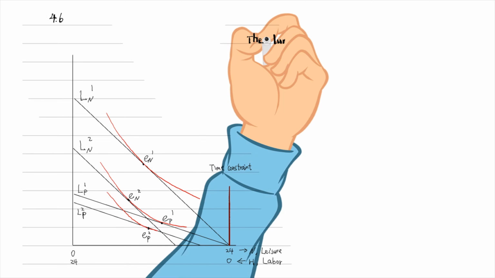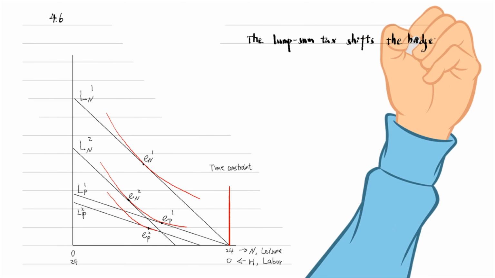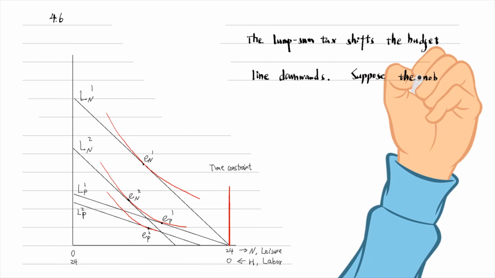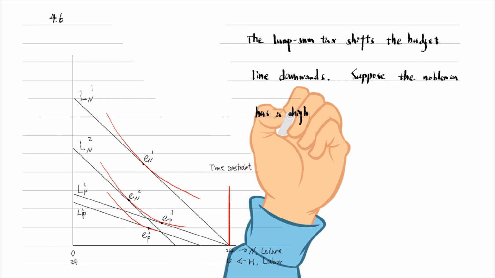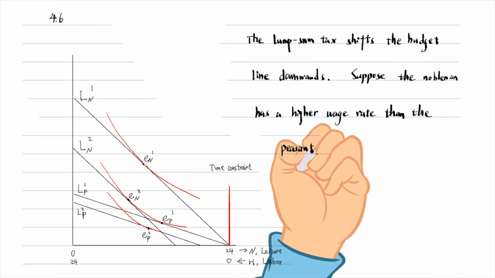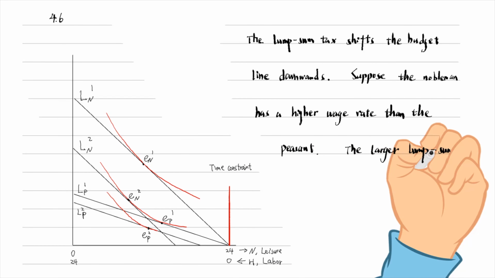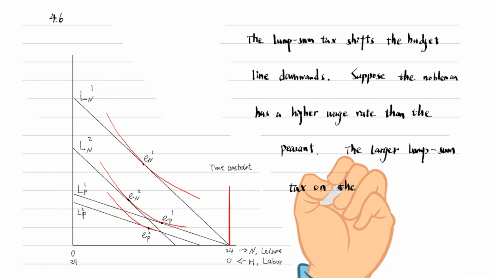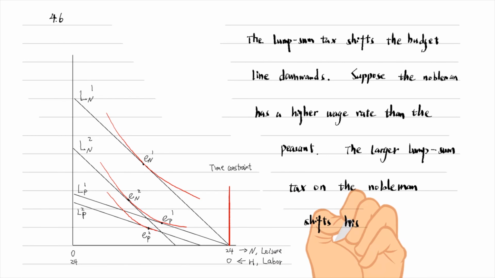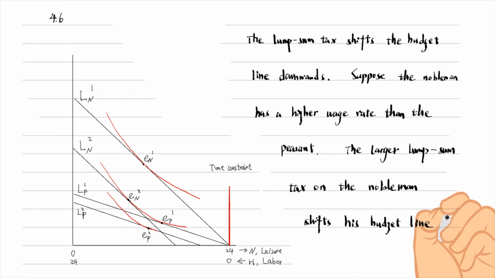A lump sum tax shifts the budget line downwards. Suppose the nobleman has a higher wage rate than the peasant. The larger lump sum tax on the nobleman shifts his budget line down by more than it does on the peasant.